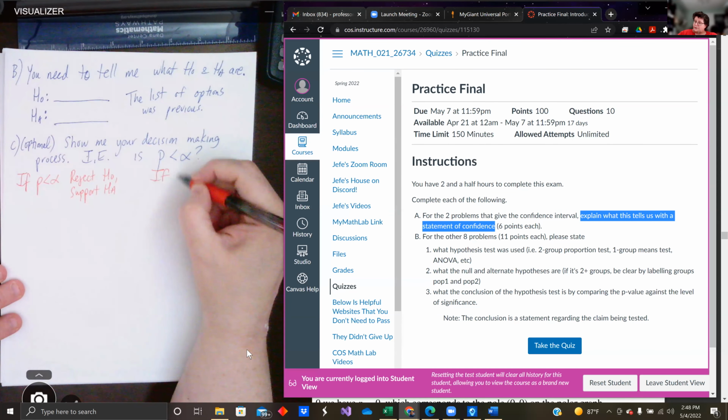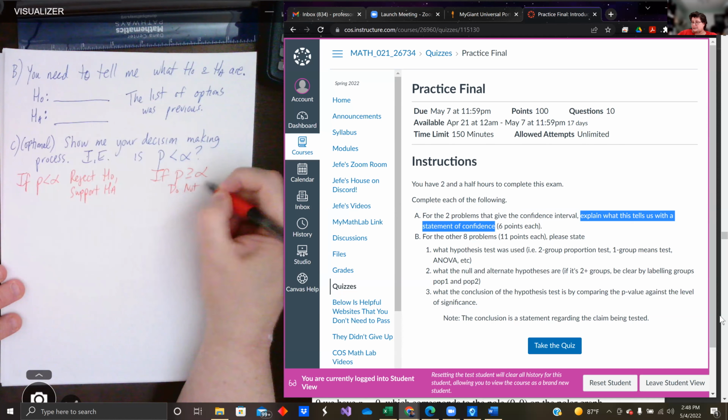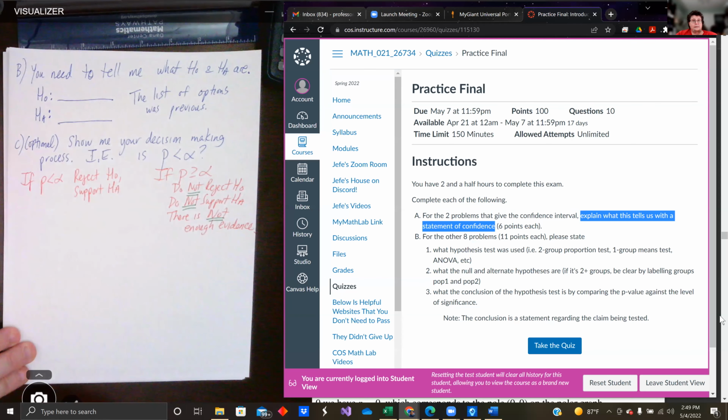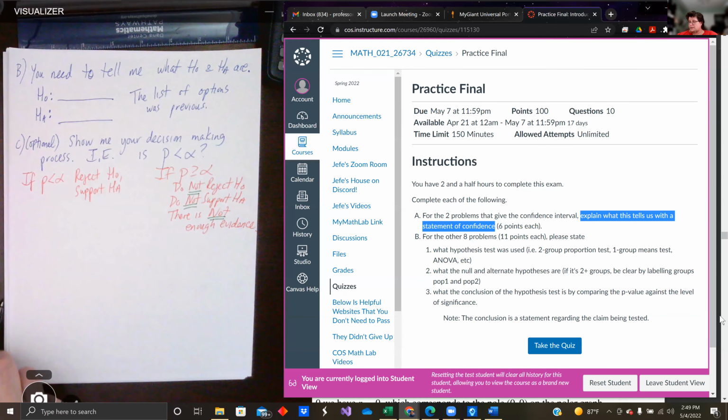If P is greater than or equal to alpha, we do not reject H naught. We do not support HA. And this one is, there is not enough evidence. So the three nots go together. The first one, there is sufficient evidence.